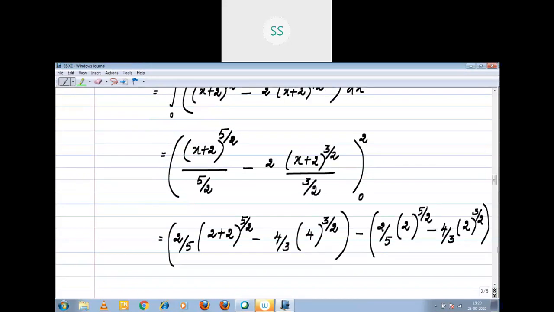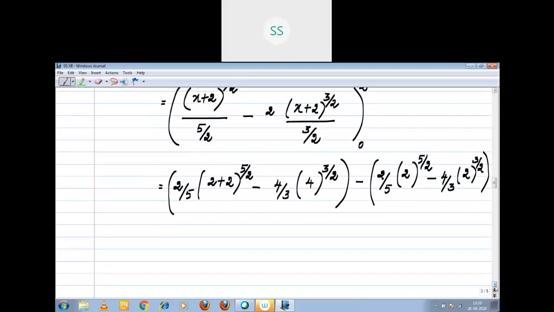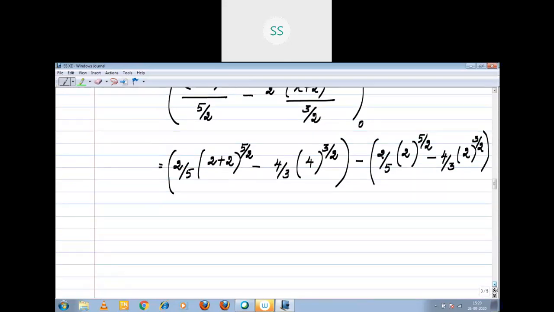Now we are going to simplify the format. While simplifying, you have to be very careful. See here, 2 by 5.